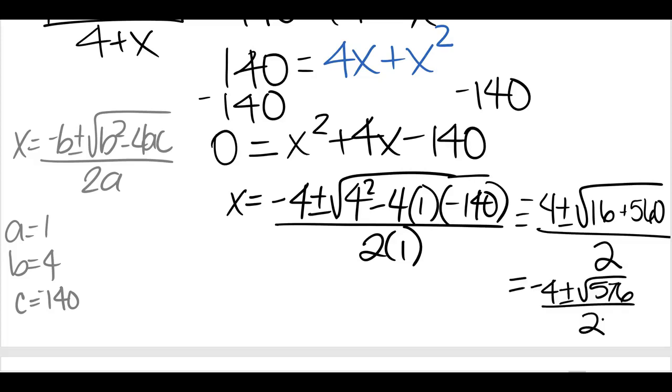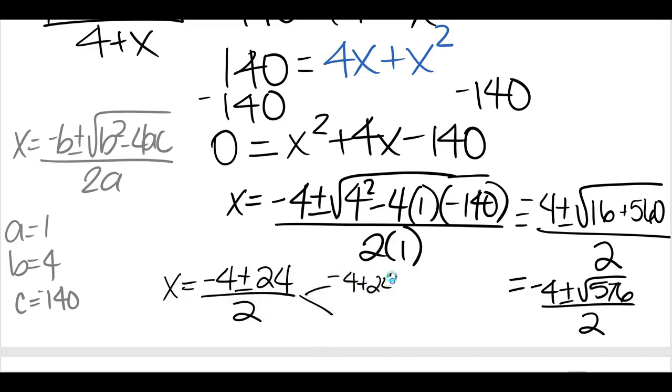The square root of 576 is 24. So x equals -4 plus or minus 24 divided by 2. So that gives us two solutions, -4 plus 24 divided by 2 and -4 minus 24 divided by 2. So the first one will be -4 plus 24 divided by 2 equals 10. And then -4 minus 24 divided by 2 equals -14.